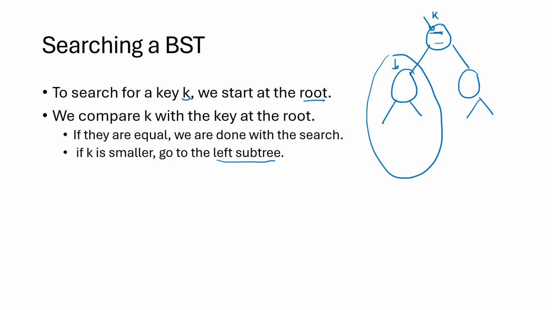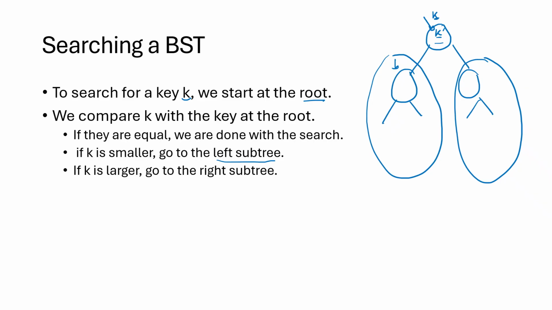On the other hand, if the key that we are looking for is greater than the key that we find here, let's say the key that we found there is K prime, so if K, the key that we are looking for, is greater than K prime, then it must be stored in the right subtree. So in that case we go to the right subtree and start the search over. So these are your recursive calls.